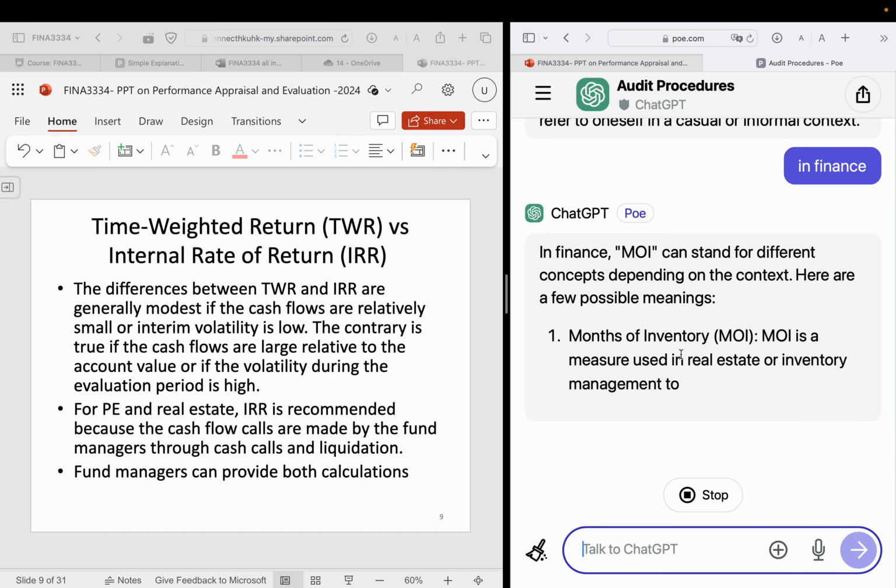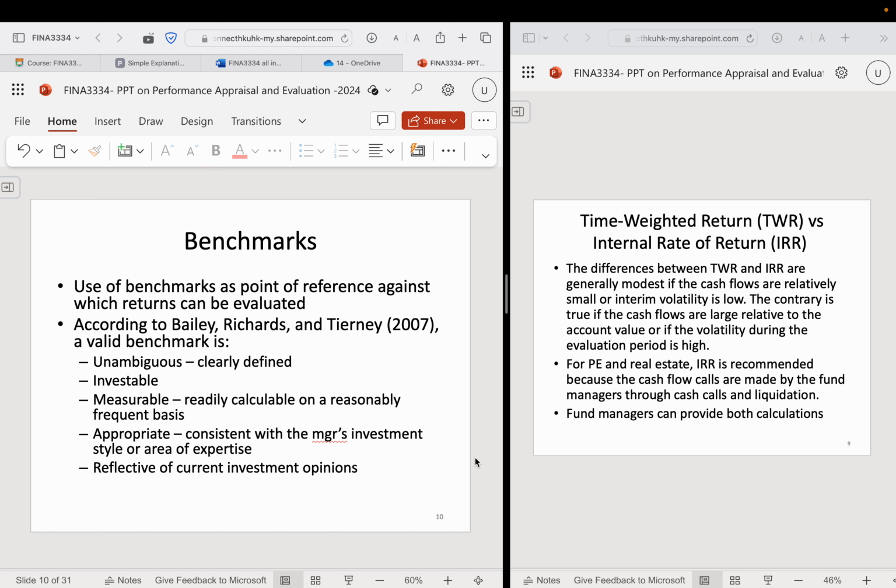In the early days when the interest rate was so low, like 0%, you had to take additional risk in order to achieve 8%. That's why we have to compare against the existing market environment to see whether the manager is good or bad.